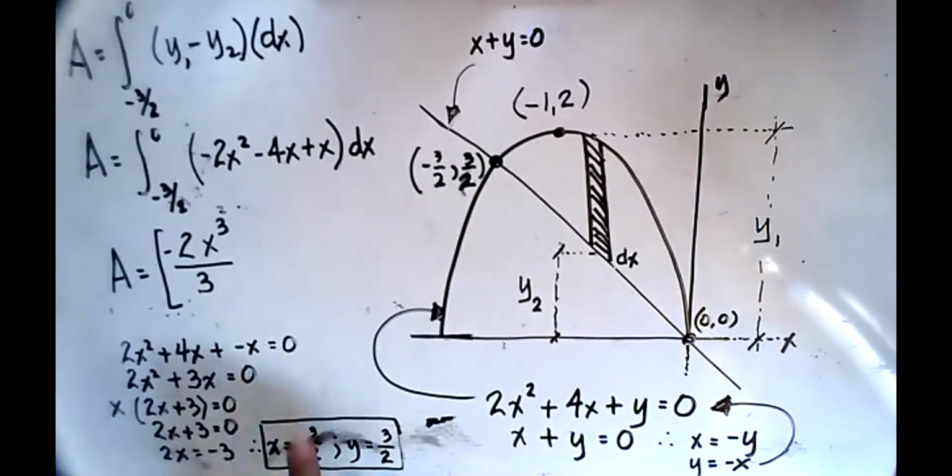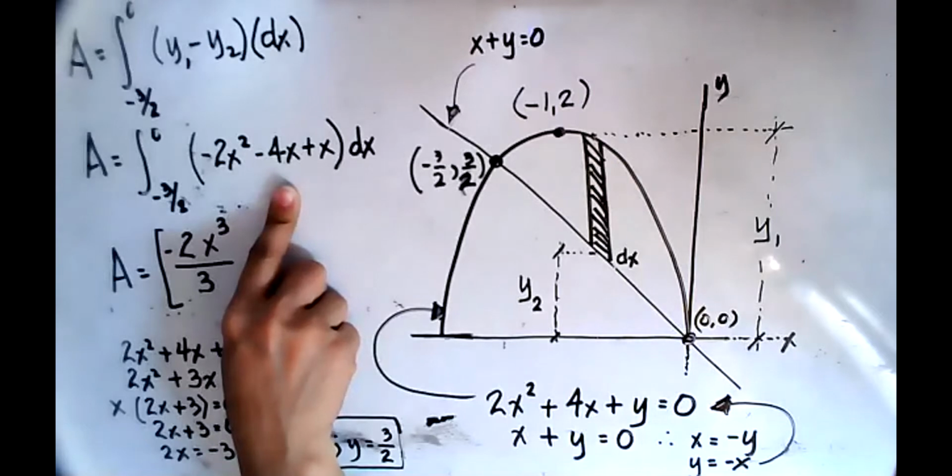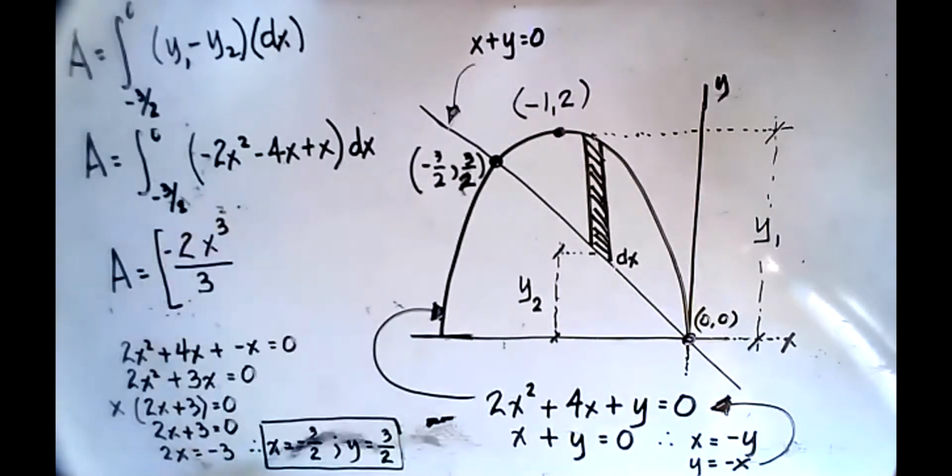Then, what about 4x? Okay. 4x plus negative x gives negative 3x, right? So, how about 3x? What's the integral of 3x?